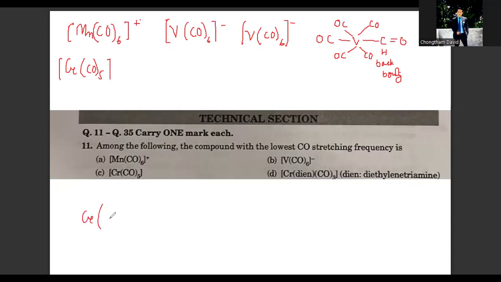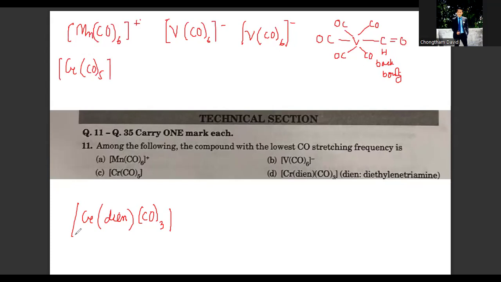chromium, with diene as the ligand, and carbonyl is also present. So chromium here is in a complex with a neutral ligand, that is diethylenetriamine, dien, and 3 carbonyl ligands. The dien ligand is a strong electron donor, increasing the electron density on the chromium, which enhances the back donation to carbonyl ligands, and it lowers the carbon-oxygen stretching frequency.